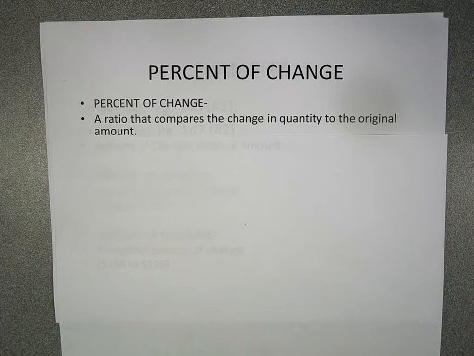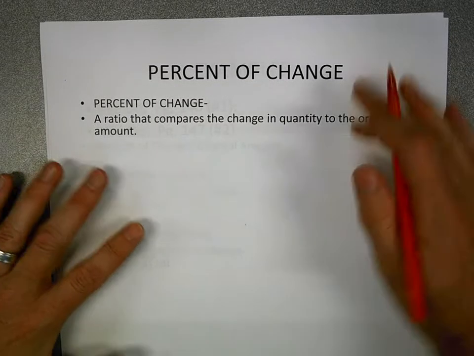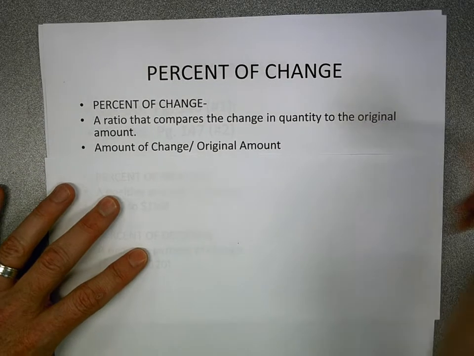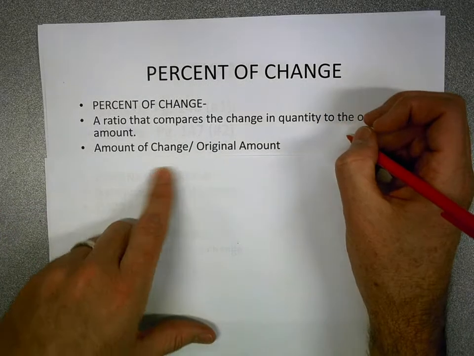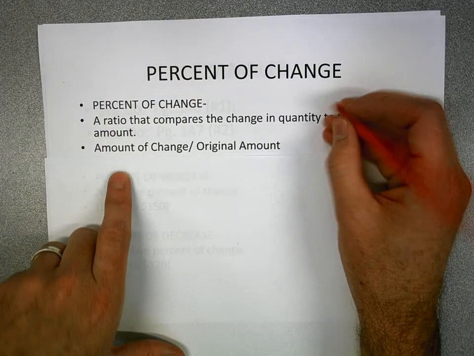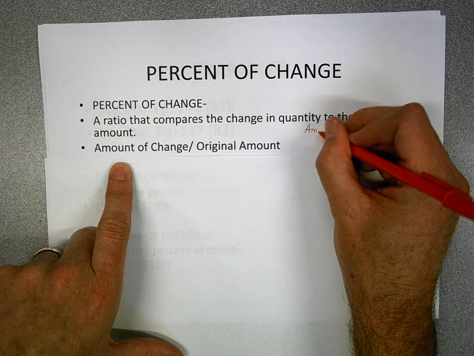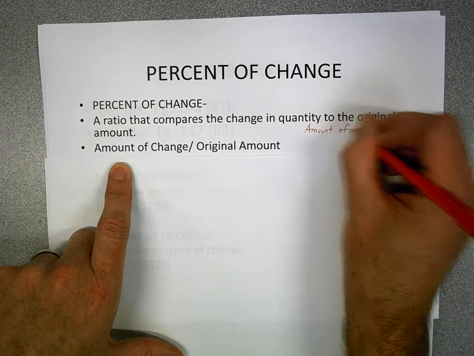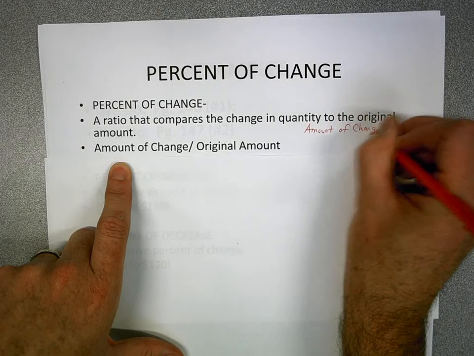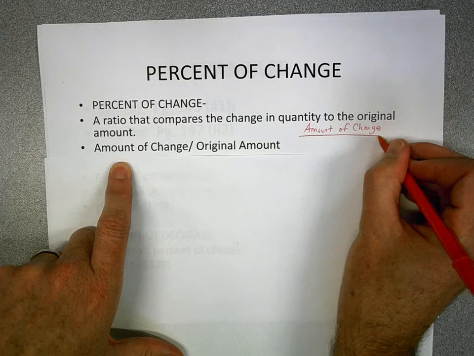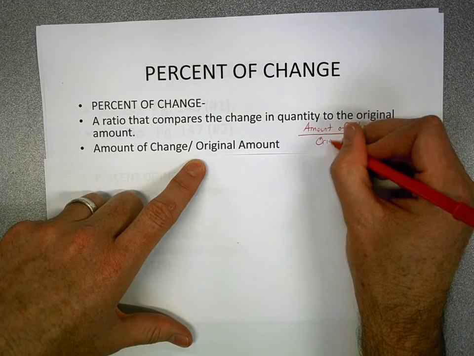Okay, so here's what we have here. Go to your little box off to the right and go ahead and write this. I'll write it with you guys. Write this in fraction form, because it's a ratio. Go ahead and put amount of change over the original amount.